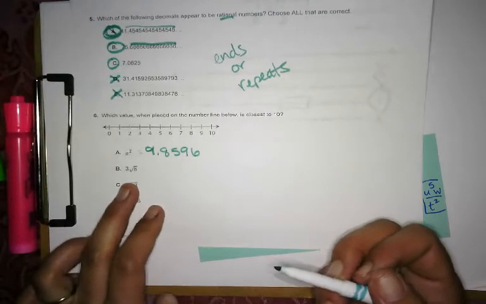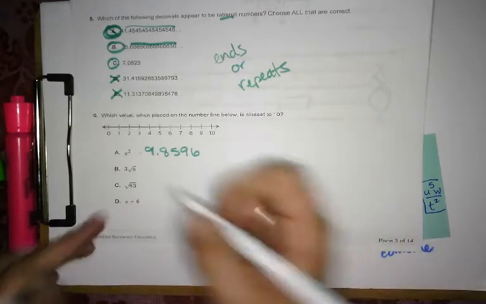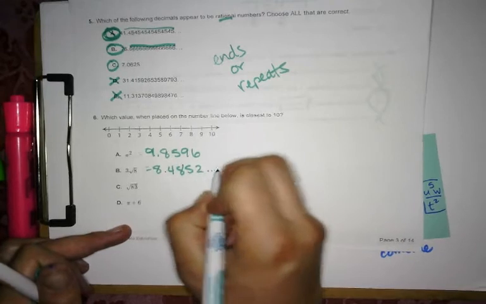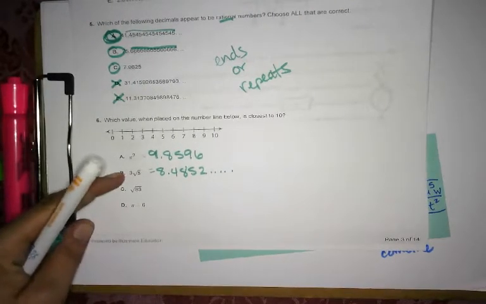This is 3 times the square root of 8. The square root of 8 is 2 point something. So 3 times the square root of 8 is going to be 8.48 some other stuff, 8.4852... It doesn't repeat, goes on forever, because that's non-perfect square roots.